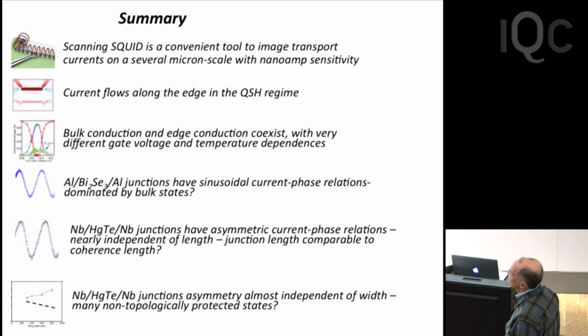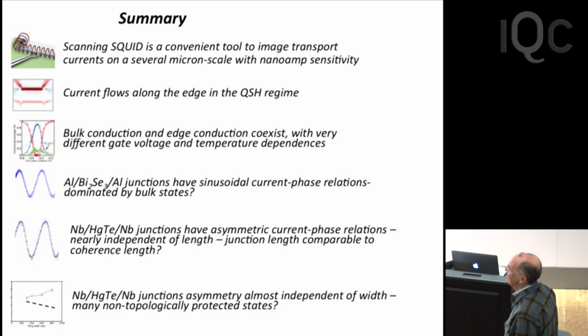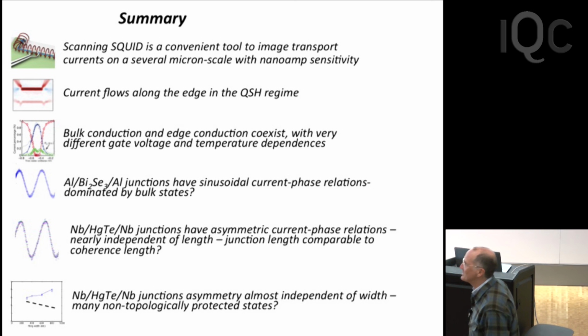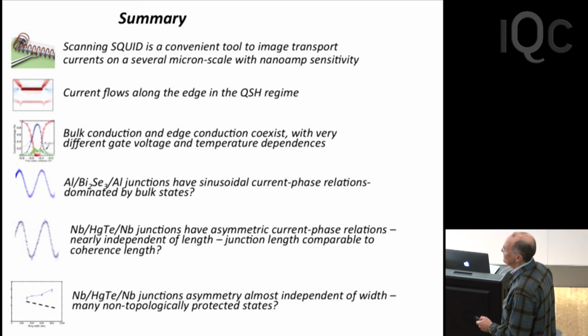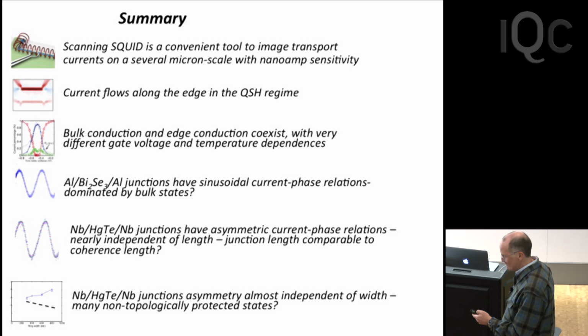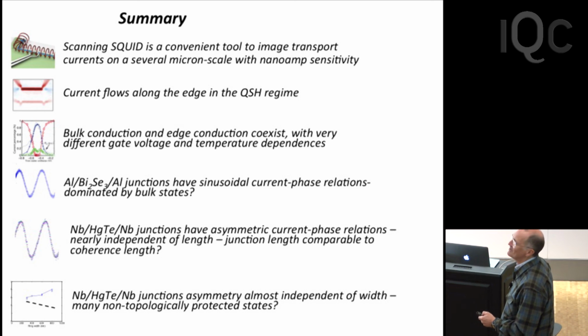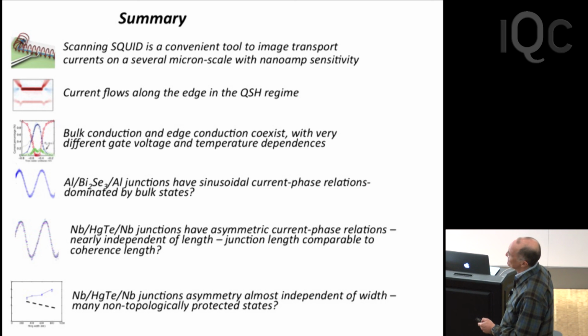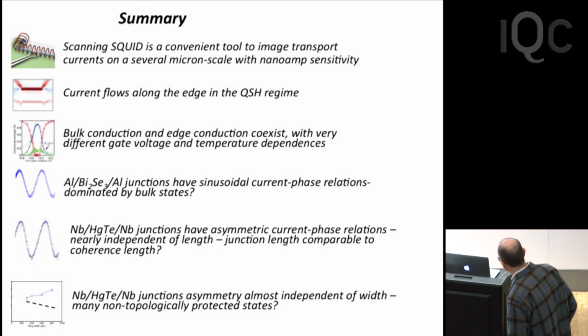And finally, in these junctions, the asymmetry is almost independent of the width, sort of opposite to what you might expect. And maybe that means that you have, in addition to the topologically protected states, also non-protected states. Topologically non-protected states.